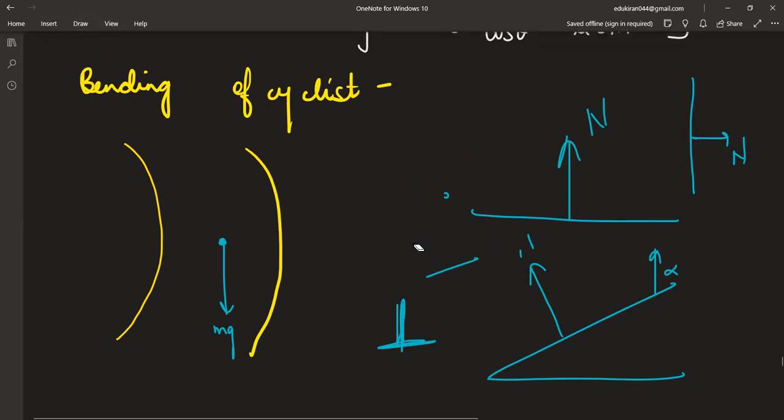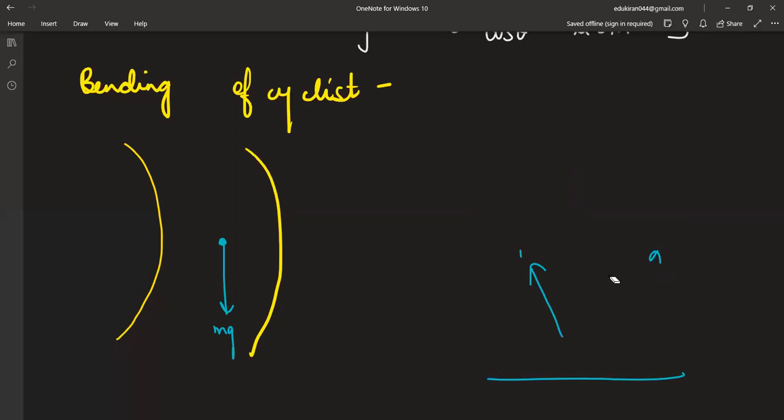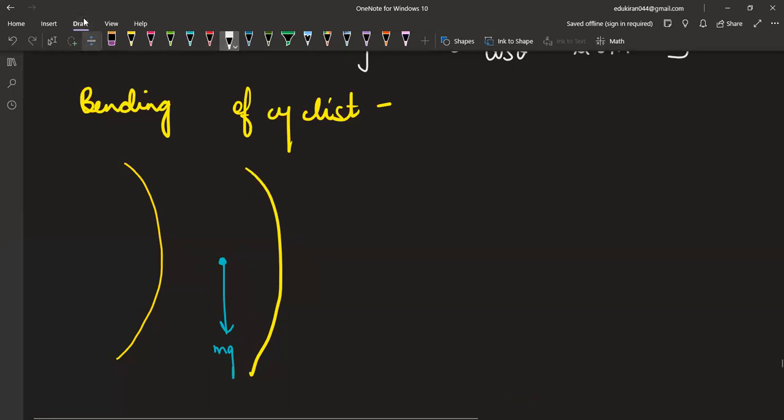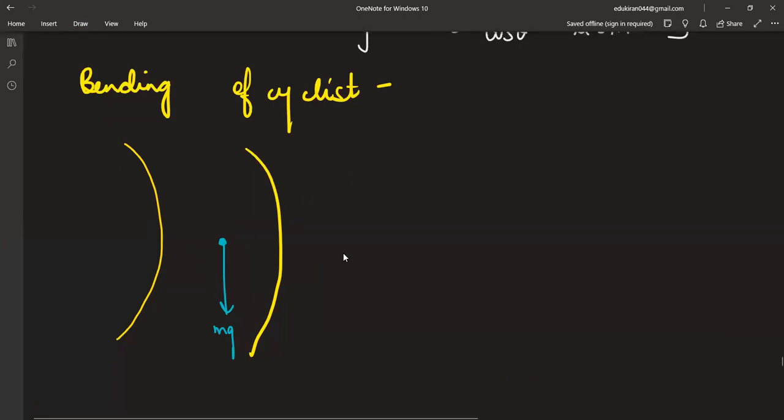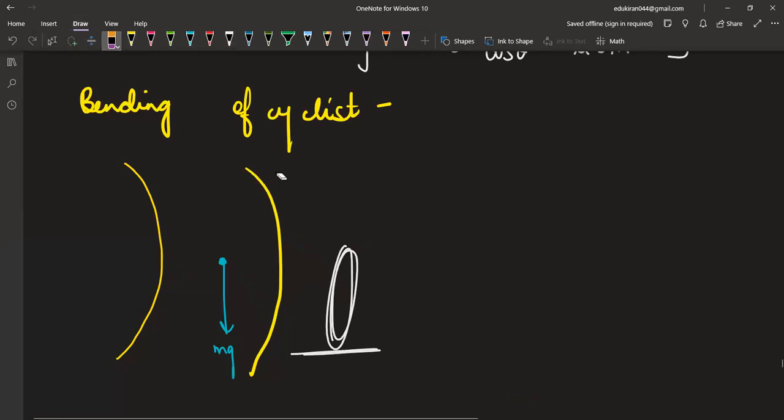So when a cyclist is cycling on a straight road, the cycle is kept straight, and the tires of the cycle are kept straight. But you people must have done cycling.